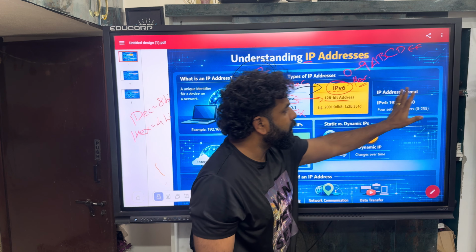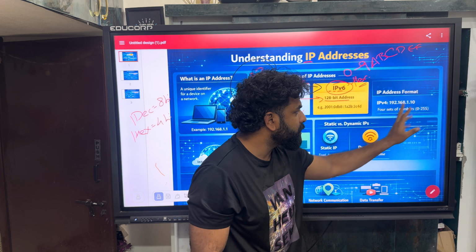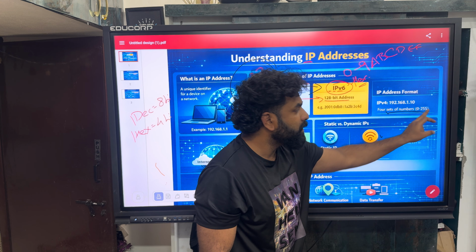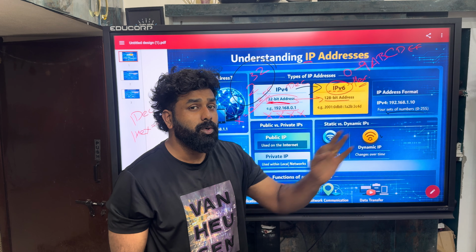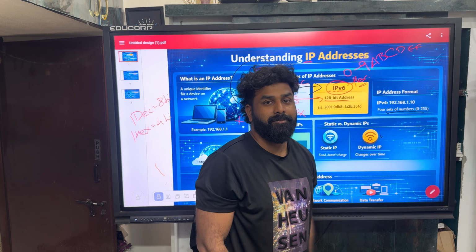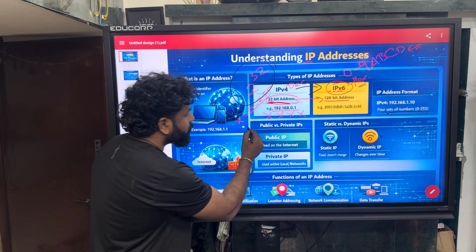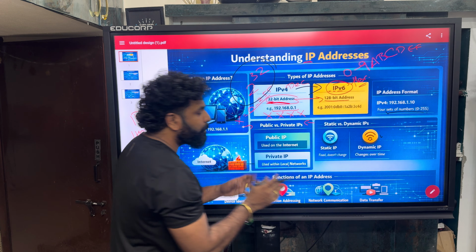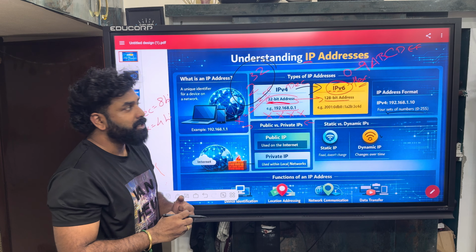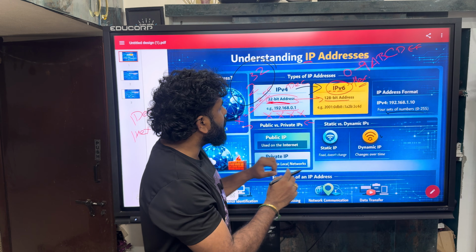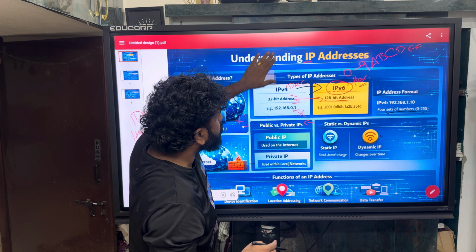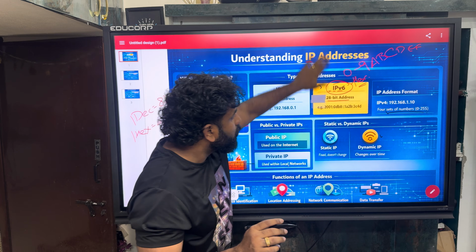Okay, easy now. So IP address format is 4 sets of numbers which will be in the range of 0 to 255. Next, interesting topic. Now we got private and public IP addresses. In IPv4 addresses, we also have two more types.